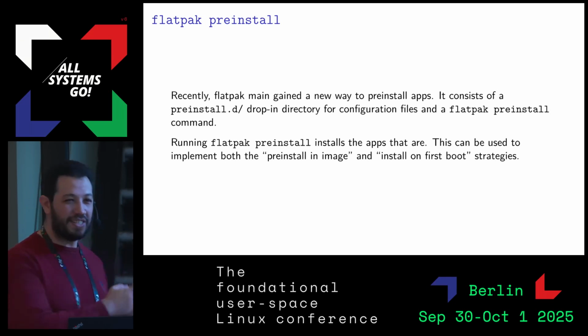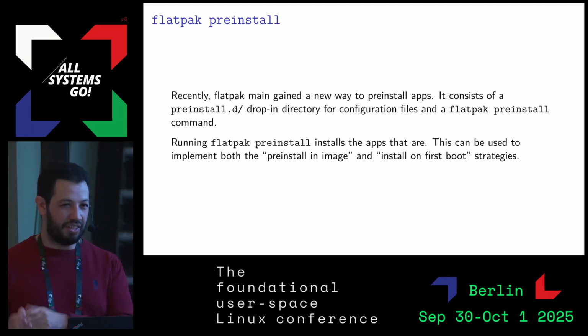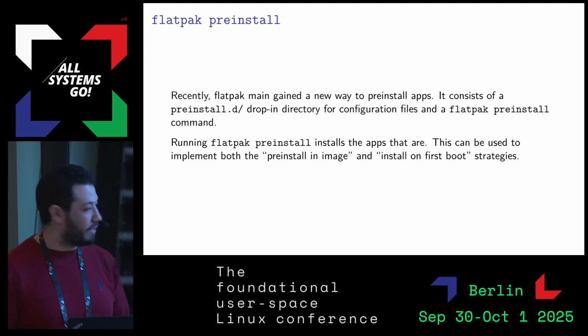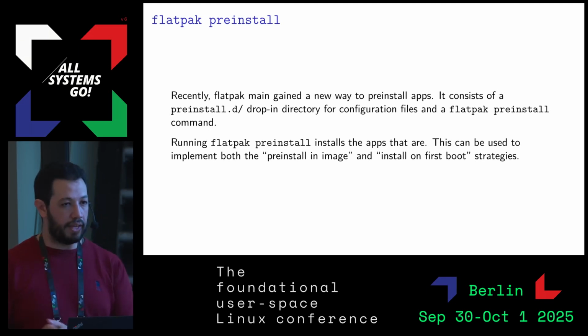both in the pre-install the apps into /var scenario, where you just prepare your image with these drop-in files and then run Flatpak pre-install on the image before shipping it, so that you have all the apps already in /var.